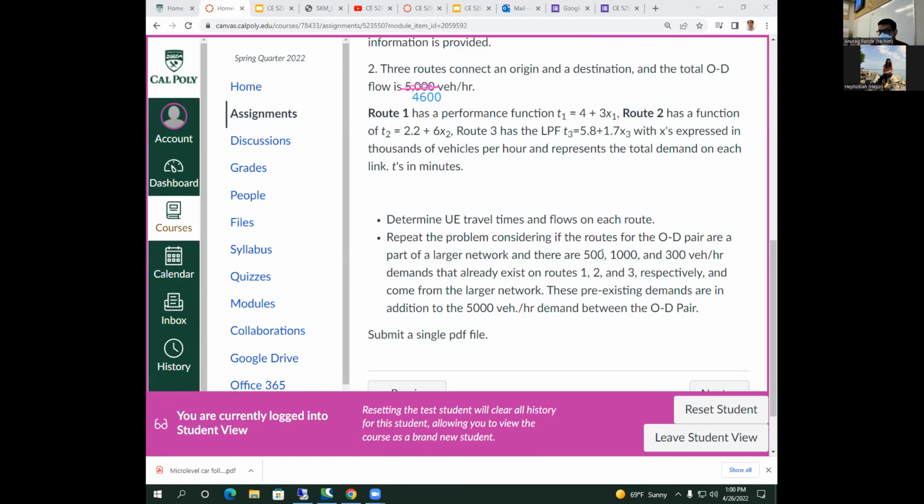The link performance functions are the same, but now I'm going to play around with these three numbers too. They're part of a larger network, and these are the flow values: 800, 900, and 600. These are the existing flows on routes 1, 2, and 3. So route 1 has an existing 800, route 2 has 900, and route 3 has 600 vehicles per hour.